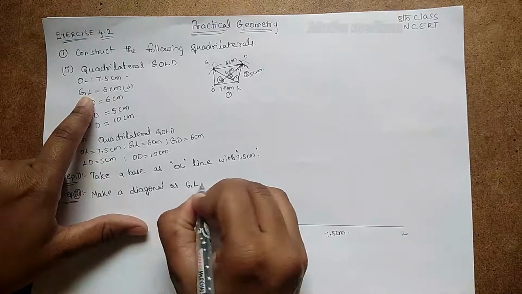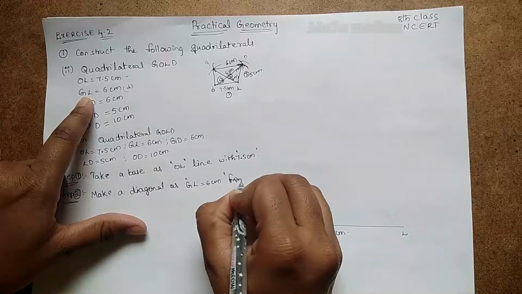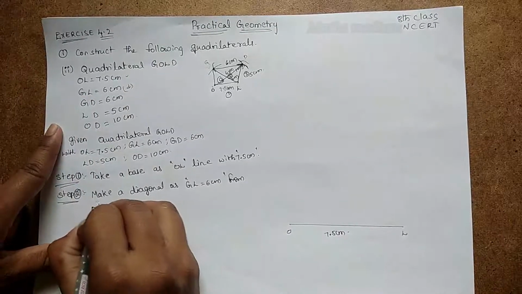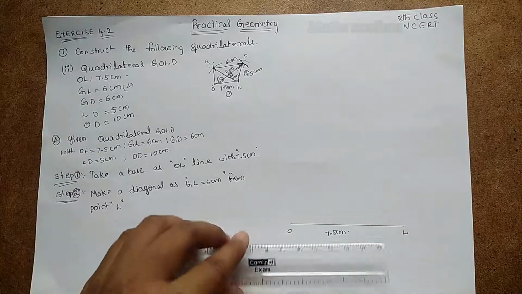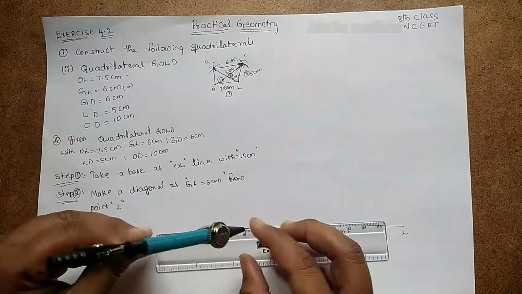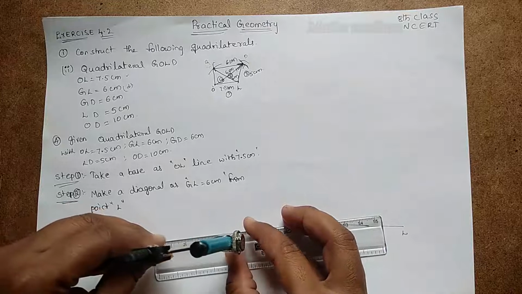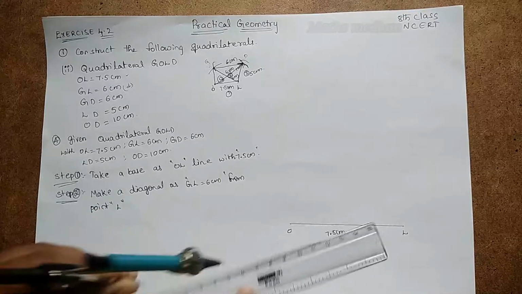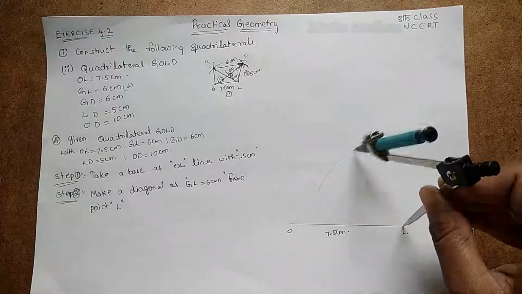As GL is equal to 6 centimeters, from point L take 6 centimeters. Make sure that it is 6 centimeters here. So make an arc from L like this.